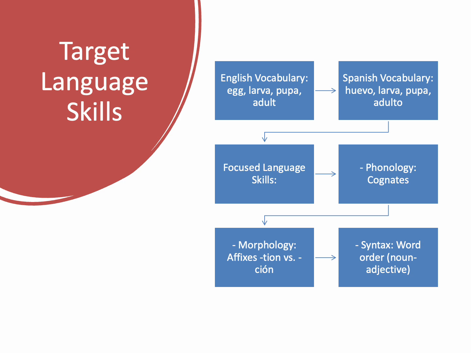For example, we have cognates, like larva and pupa, which are identical. The suffix -tion in English often becomes -ción in Spanish. Think about it: population versus población. We also address syntax, like the position of adjectives in Spanish versus English.